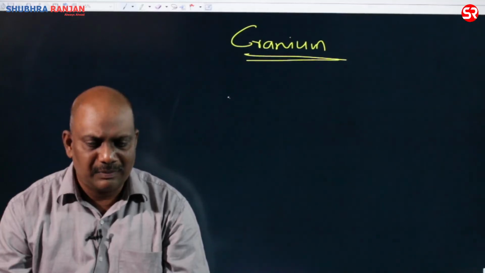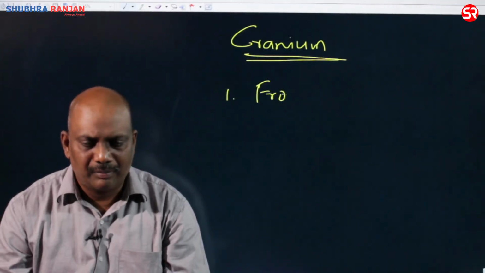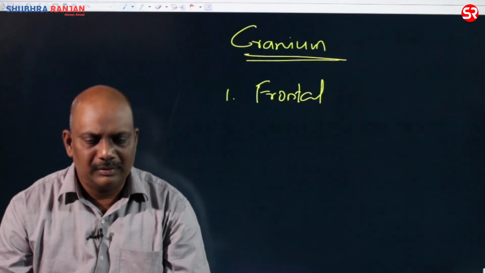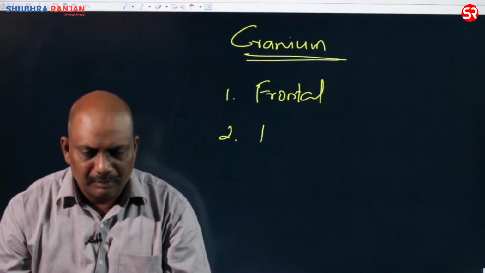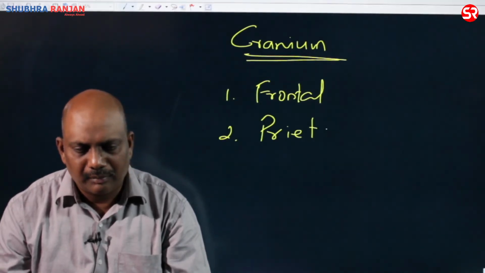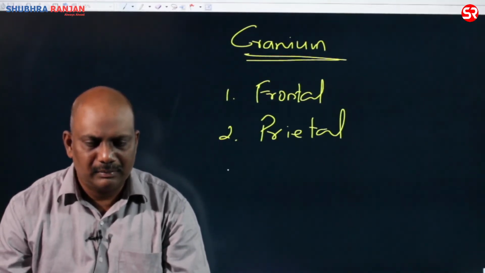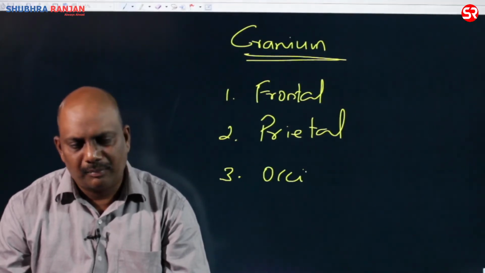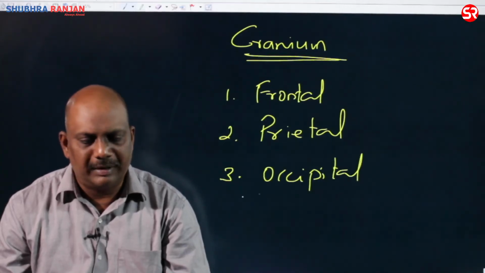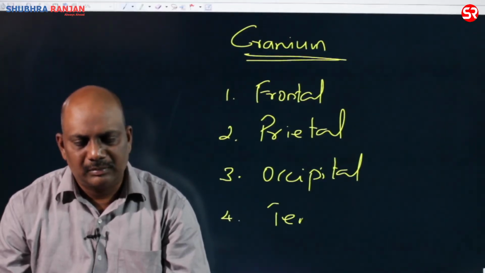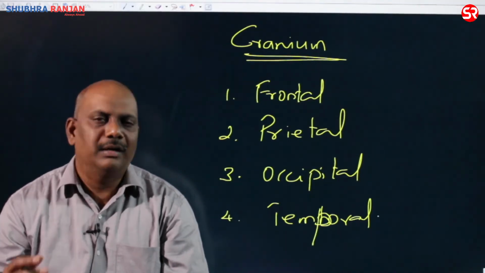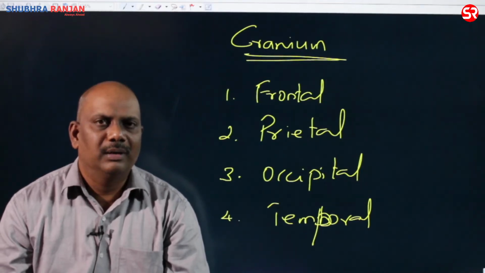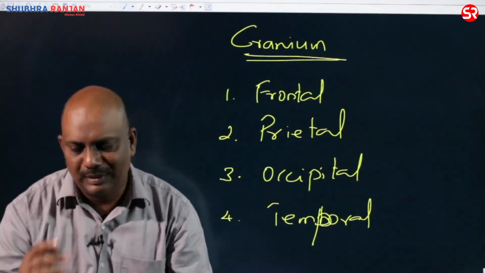The first one is frontal, parietal, occipital, and temporal. Okay, so are you comfortable with the term cranium? Good then.